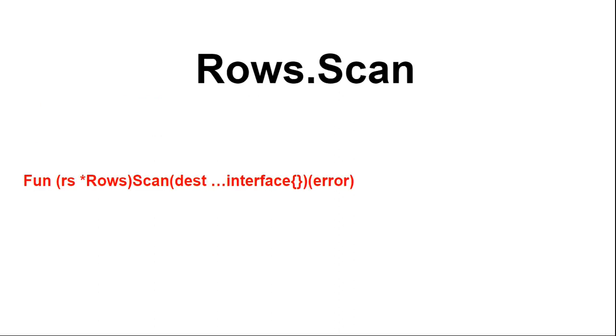Once we have fetched the data from the database, and as we need to loop over the data, we loop over the fetched data in our rows object. Here the Scan method is used to fetch the data from our result. So we need to parse the data.